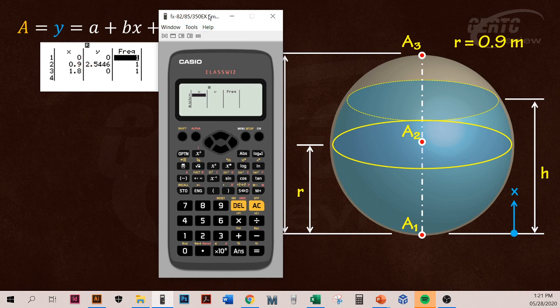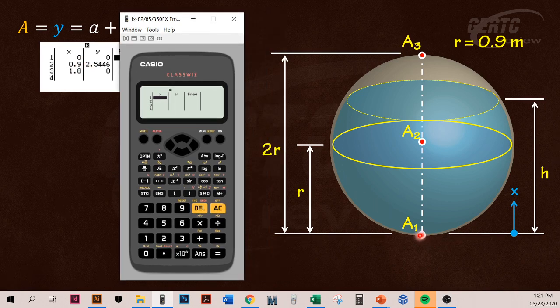Let's start. At the bottom, when x is 0, the area is 0. Y is 0. The area is plotted along y. Never mind that frequency. The default is 1. Next, when x is r, which is 0.9, the area is pi r squared. Pi times 0.9 squared equals.